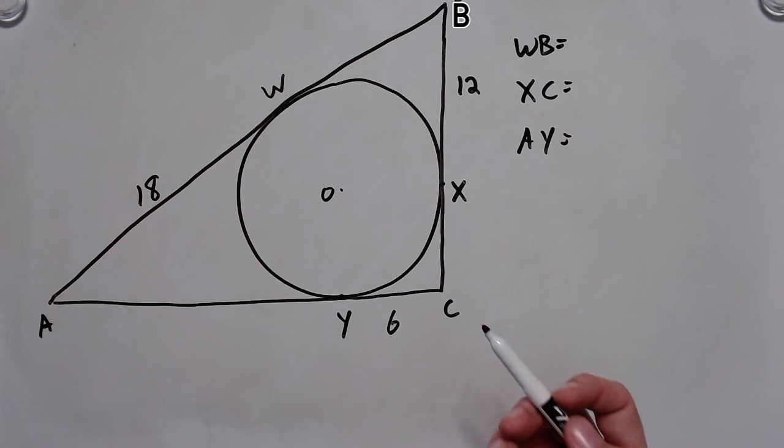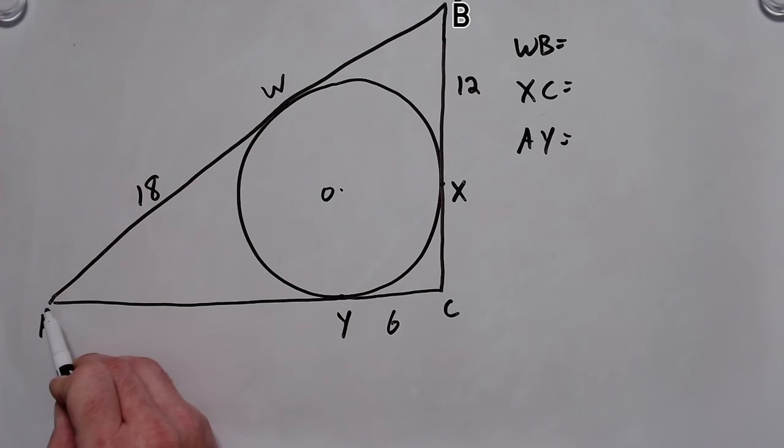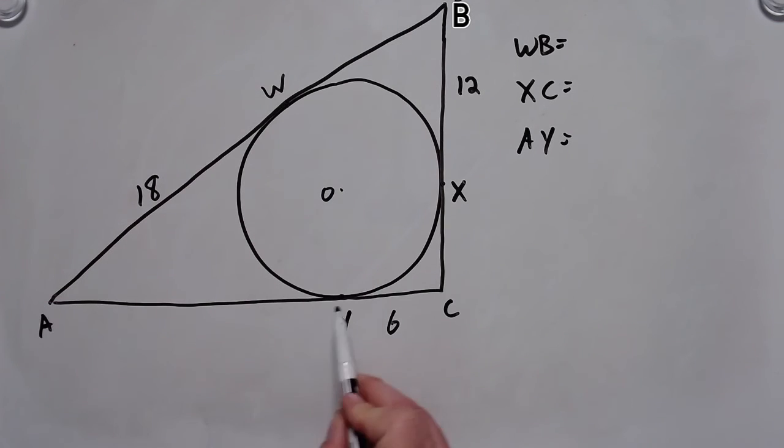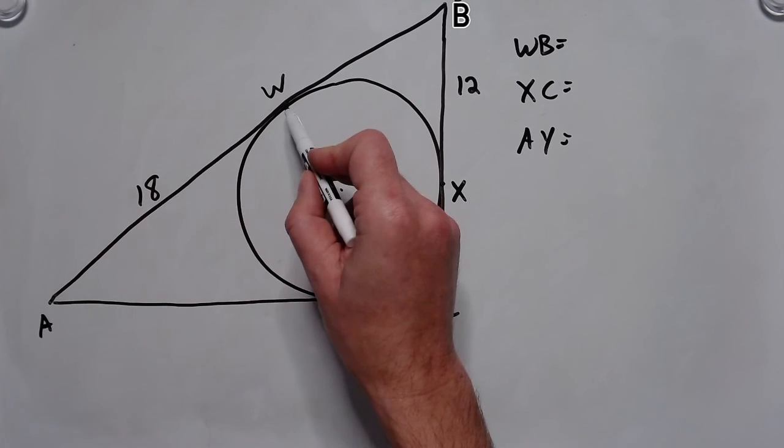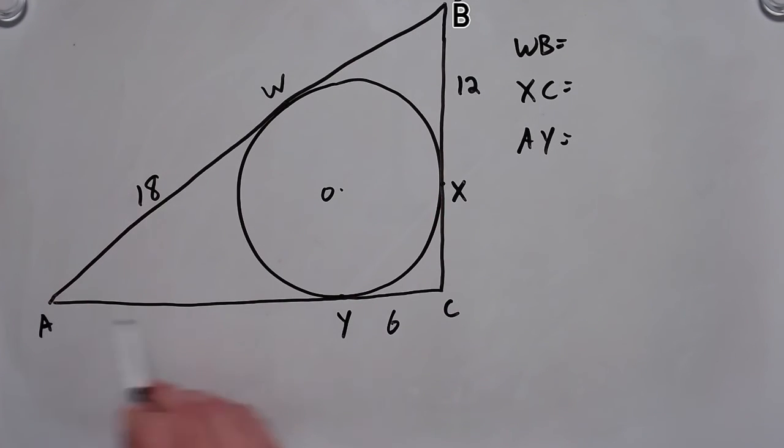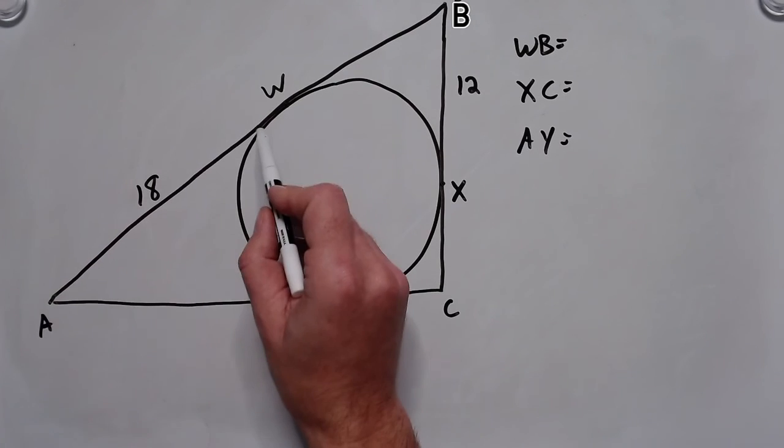Now from the slides, there's a corollary. That's that from any given point, we have 2 tangent segments to a circle. They have to be congruent. So the distance from A to W, where it just touches the circle, is the same as A to Y, where it just touches the circle. So in this case, AY has to be congruent to AW.